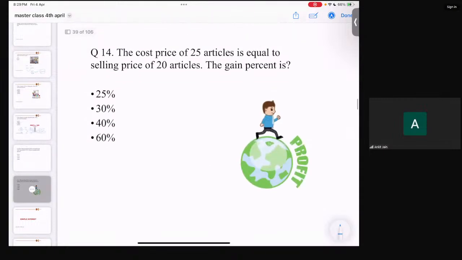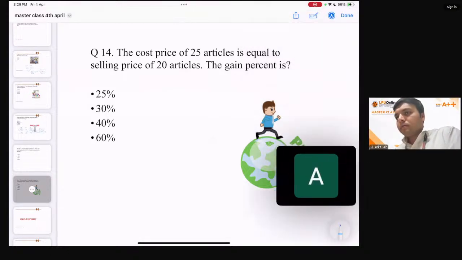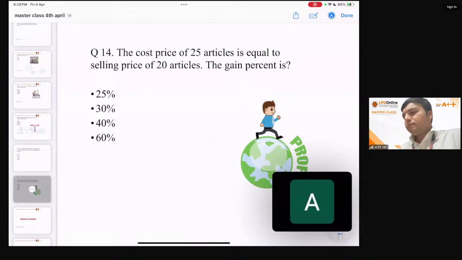Okay, the last question from this topic, and after that we move to the next topic, which is simple interest. Again, we have discussed this type of question before.